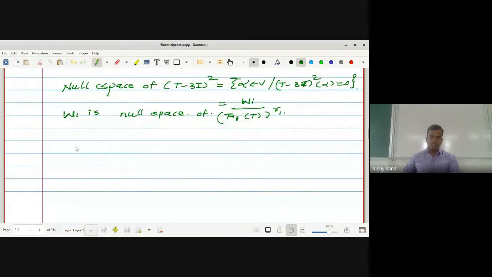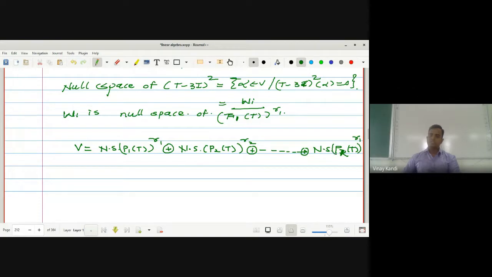V is the direct sum of the null space of P1 T bracket raised to R1, plus the direct sum of the null space of P2 T bracket raised to R2, plus and so on, up to the null space of PK T bracket raised to RK. Is it correct? Yes, sir.